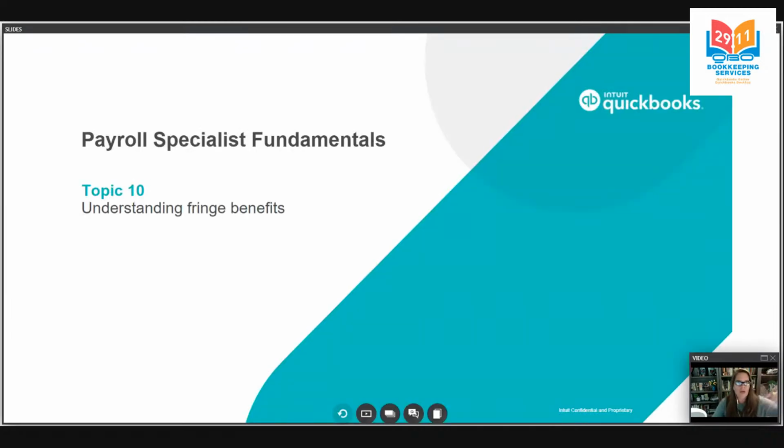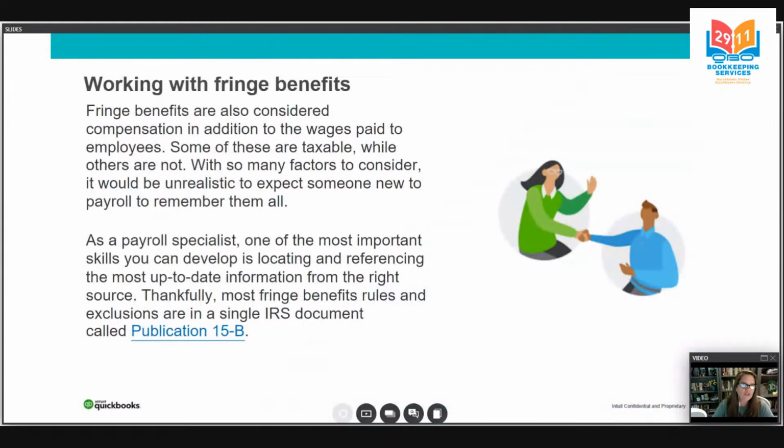Home stretch, understanding some fringe benefits. These are considered compensation in addition to the wages paid to employees. So this is one of those things where you're not going to remember this. I have been doing payroll since I was 13, which is a really long time ago. And I still have to look up a lot of this stuff. So don't worry about memorizing this.